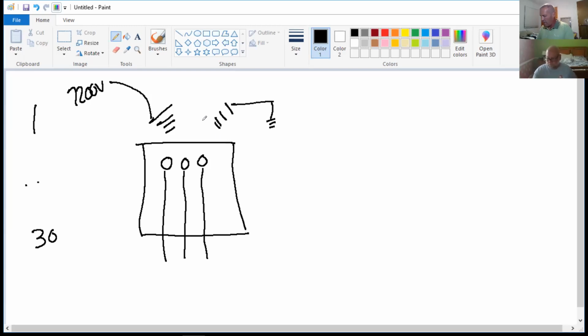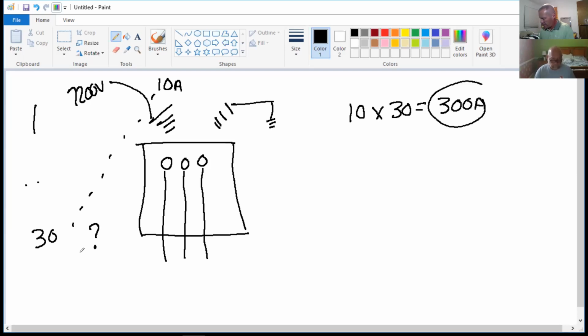If I give an amp value up top, 10 amps, and I'm going down in my calculation looking for amps, I need to multiply. 10 times 30 equals 300. So that's my answer. How many amps do I have on the secondary side? 300 amps if I have 10 amps on the primary side.